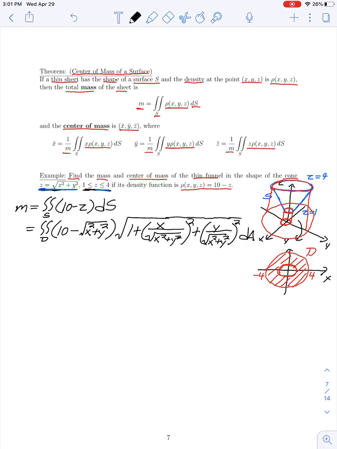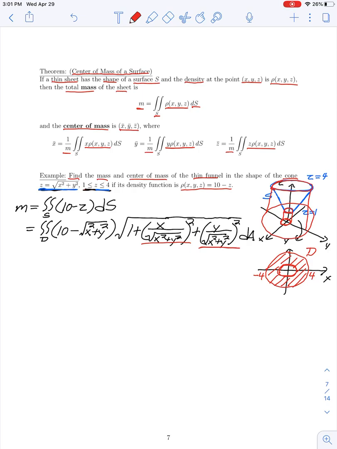So it looks quite messy at first, but simplifying the expression under the radical, when I square this first quantity, I have x squared over x squared plus y squared. And then I am adding, when I square this quantity, y squared over x squared plus y squared.